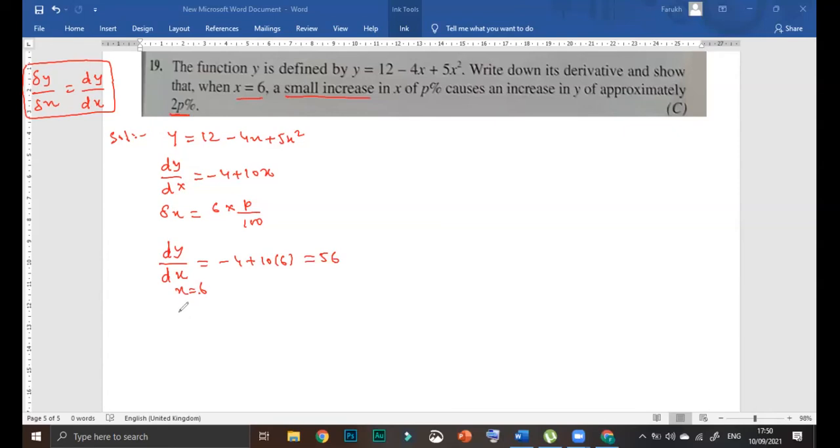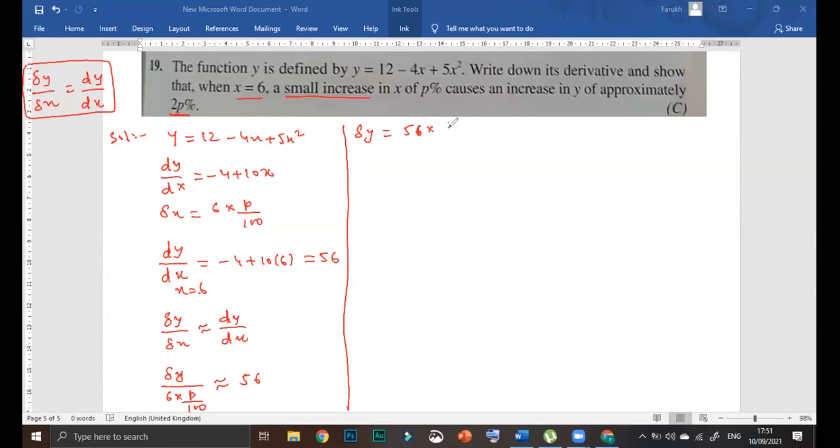Now, del y over del x is approximately equal to dy over dx. Del y over 6p over 100 is approximately equal to 56. Del y is equal to 56 into 6p over 100.